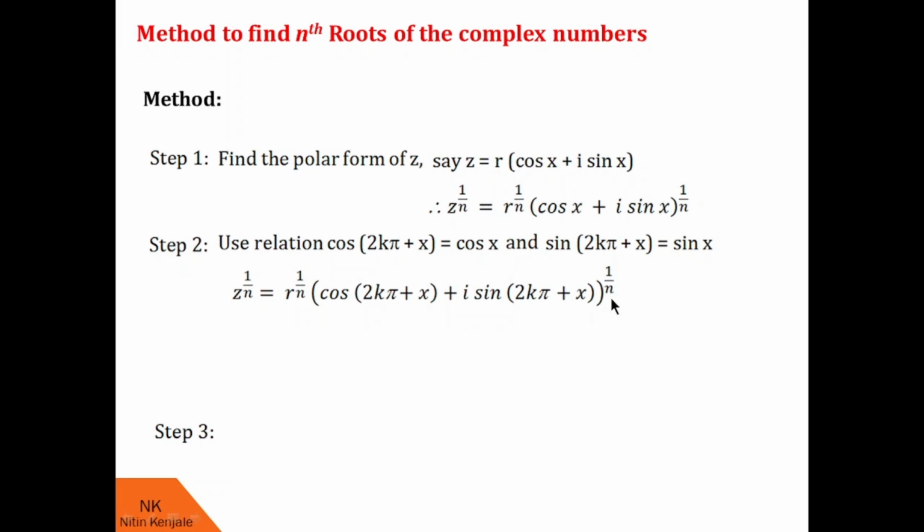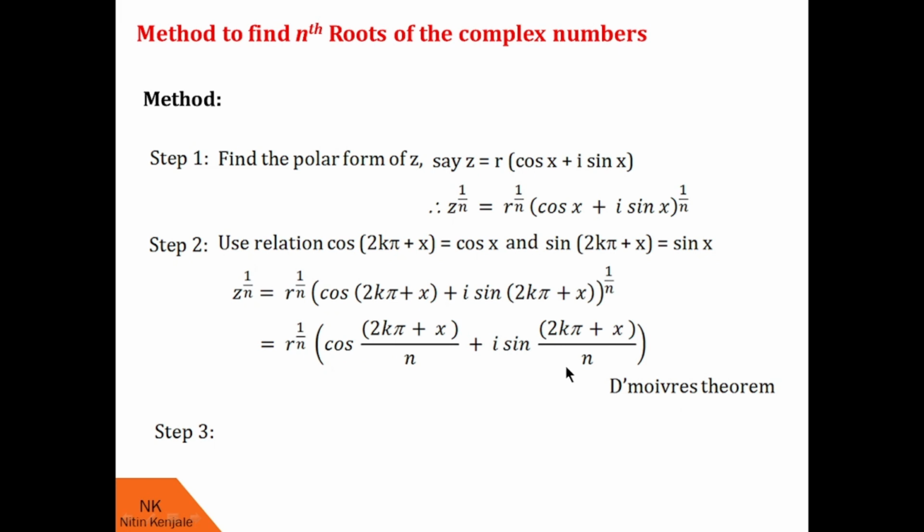Now, by de Moivre's theorem, we can write this as r raised to 1 by n into (cos of (2k pi plus x) upon n plus i into sin of (2k pi plus x) upon n). Note that we have multiplied these angles by the power 1 by n. This is due to de Moivre's theorem.